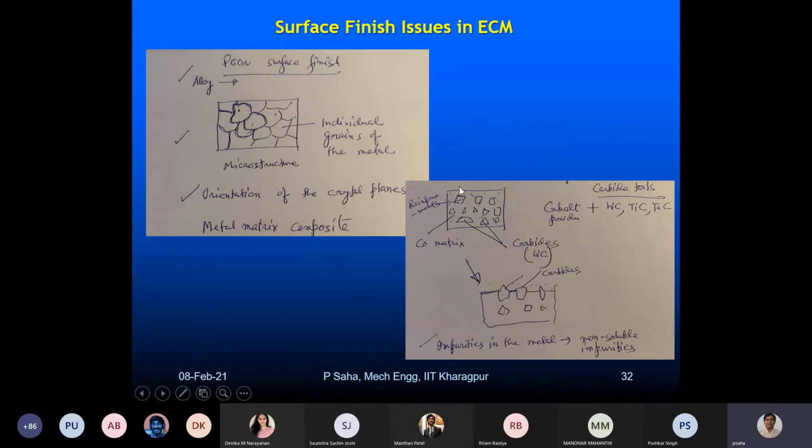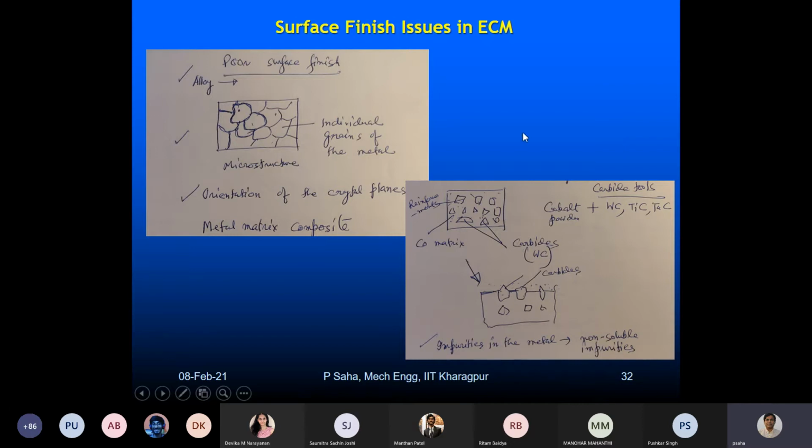So upon solidification, it will look like this. This is cobalt and these are the particles. Now what will happen if you try to machine such a material? They are called metal matrix composites, MMCs, because the matrix is made of a metal, cobalt, and these are the reinforcements.